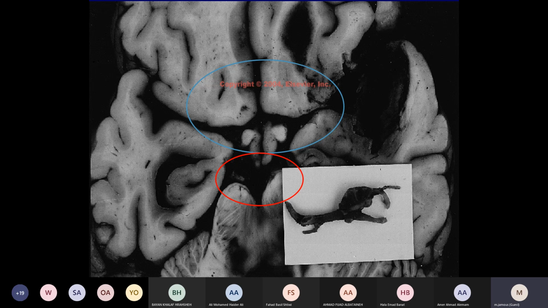This is the anterior circulation, which includes the internal carotid artery, middle cerebral arteries, and ACA, the anterior cerebral artery. And this is the posterior circulation. Most aneurysms occur within the anterior circulation, about 80 to 90%. Only 10% occur in the posterior circulation, mainly the basilar and its branches.